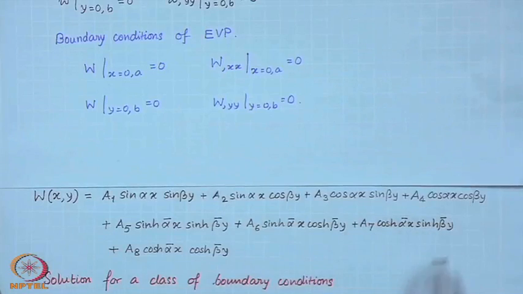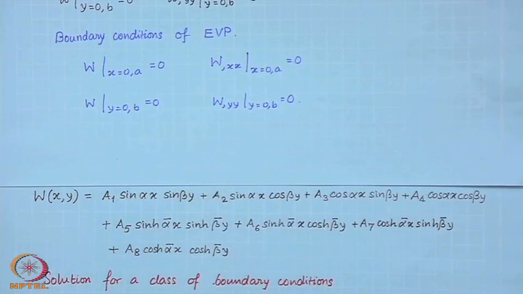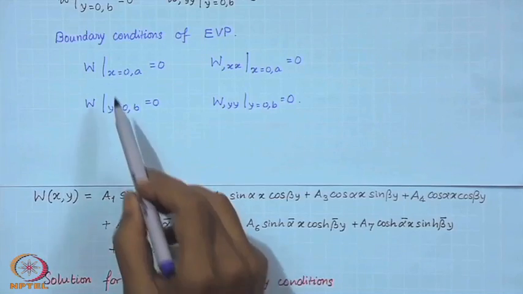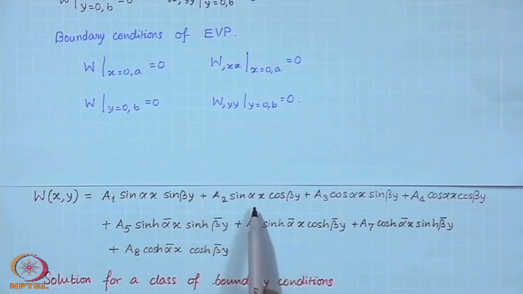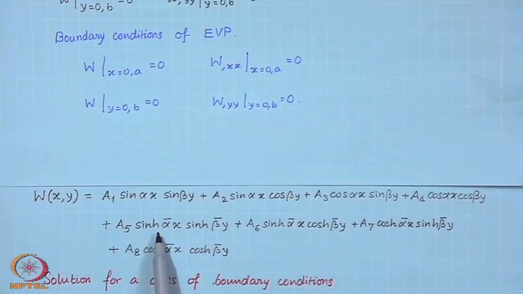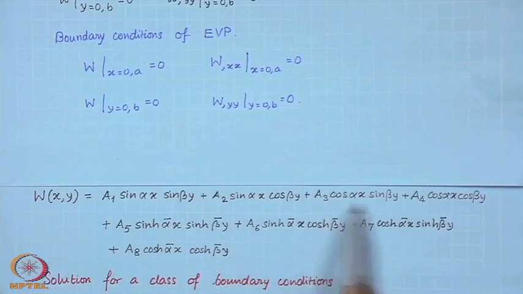So, this was our general solution, and these are our boundary conditions. So, suppose when x equals 0, so these terms will vanish. So, we are left with these 4 terms.